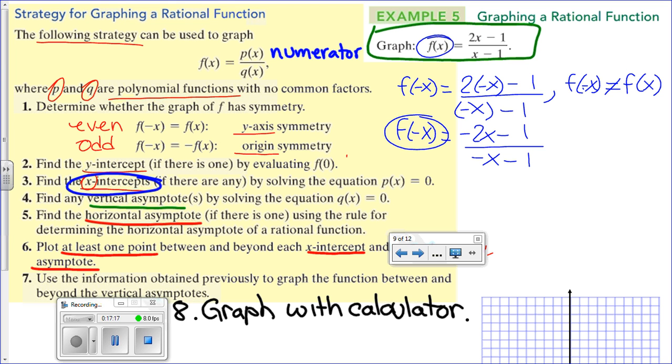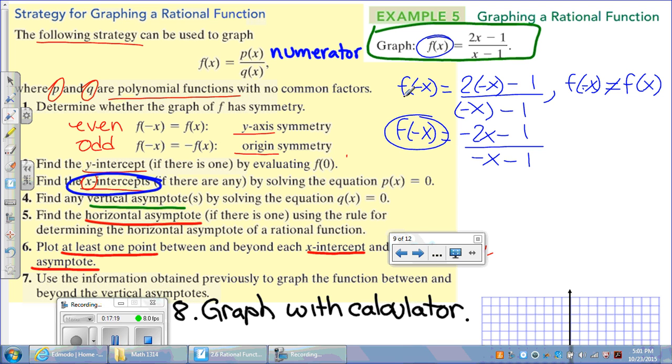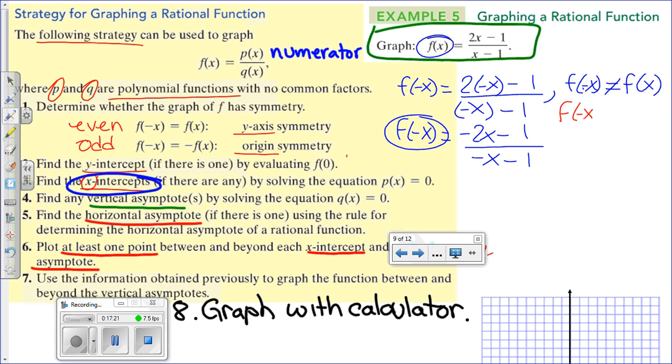Now the other question is, is the function odd? So is f of negative x the opposite of the original function? The answer is no, because you can see here that 2x is positive here, and here it is negative. But 1 is negative, and here it remains negative.